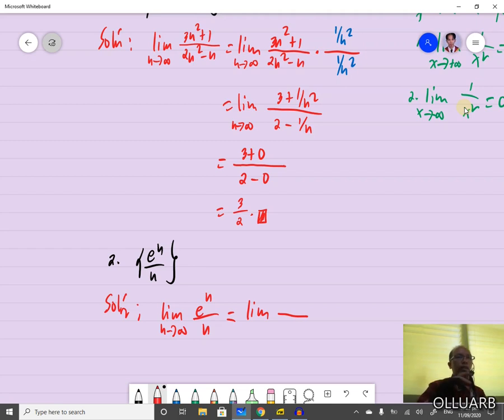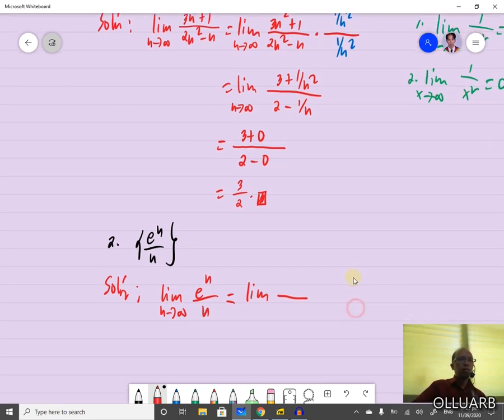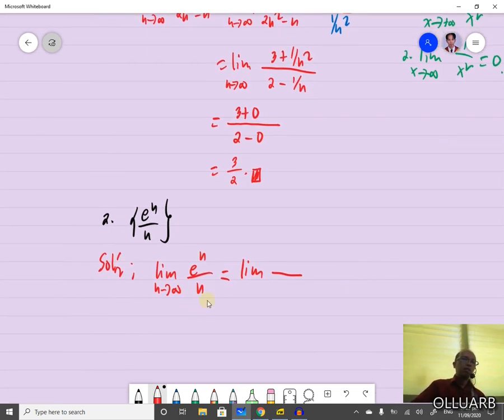So notice that this problem is of the form positive infinity over positive infinity.